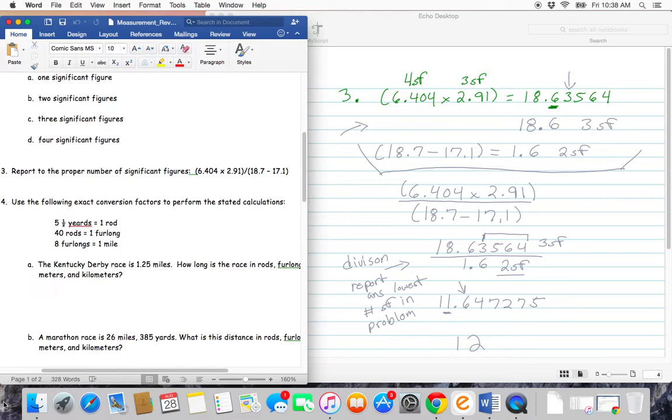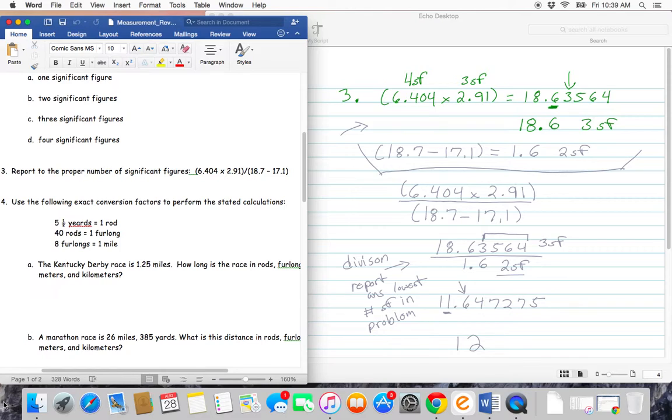The correct number has to be reported to the proper number of significant figures, which is 3. Therefore, we look at the third significant digit in this number, which is 6, and we look to the digit to the right of it to determine whether we round up or down, and we see that the proper value reported should be 18.6. We do not round up, and we are now reporting 3 significant figures.